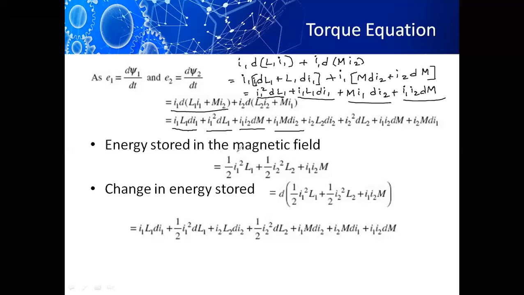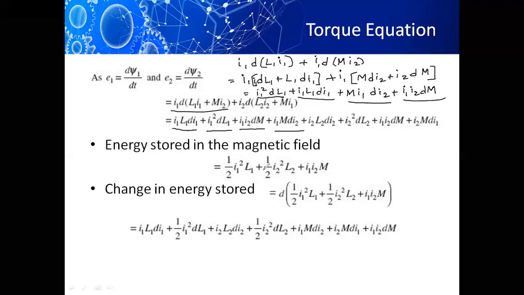Now, energy stored in the magnetic field. We have seen that we have self-inductances L1, L2 and mutual inductance M. So energy will be stored in the magnetic field in those inductors. The electrical energy stored in the magnetic field in L1 is given by half I1 square L1.